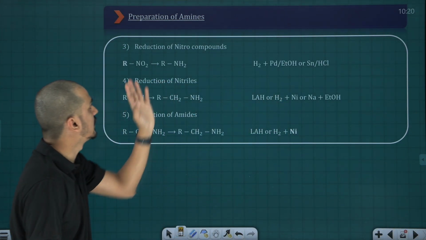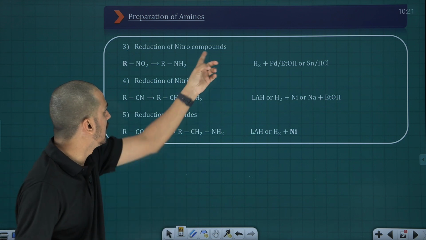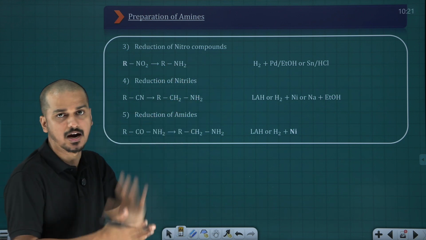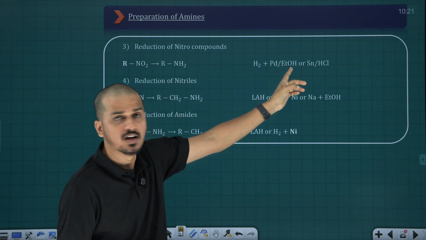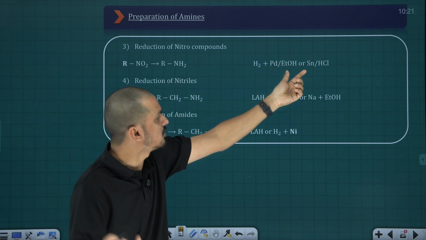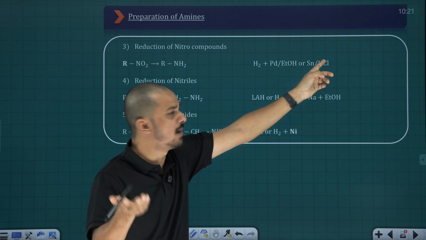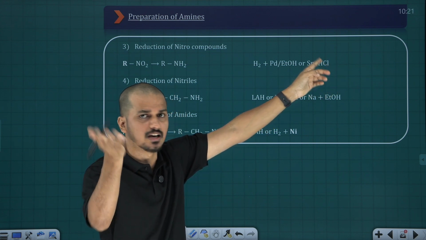Another method is reduction of nitro compounds, nitrile compounds and amide compounds. Nitro compounds can be reduced using hydrogen in presence of palladium, or sodium in presence of ethanol, or tin and HCl, or iron and HCl.